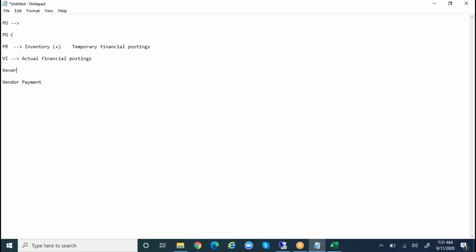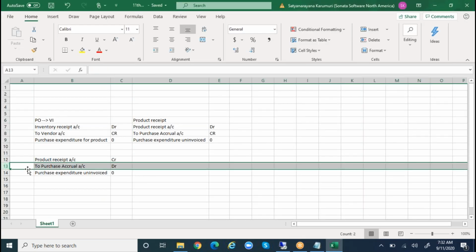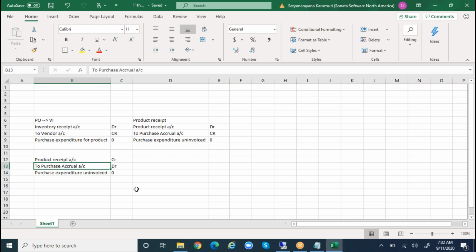There is a vendor account statement. Once it is invoiced, it will show all invoices and payments. But what about that temporary thing? That will not be tracked. If you look at the purchase accrual account, then you can understand that some balances are not posted.